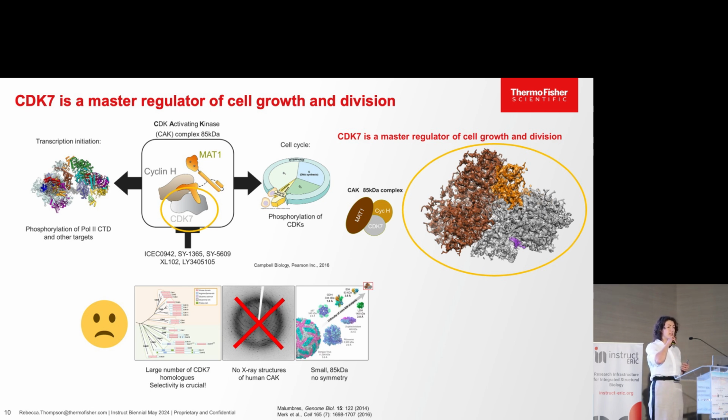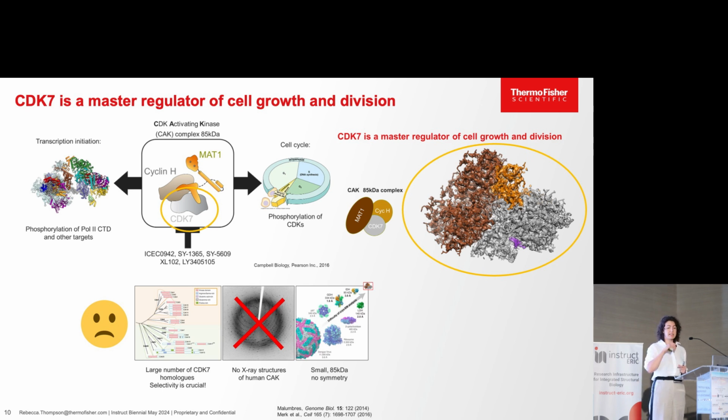But as a target for structure-based drug design, it's really not the easiest thing to work with. There are a large number of structural homologs, X-ray crystallography was not yielding any high-quality structures, and finally, even by traditional standards in cryo-electron microscopy, this thing's relatively small, it's 85 kilodaltons.